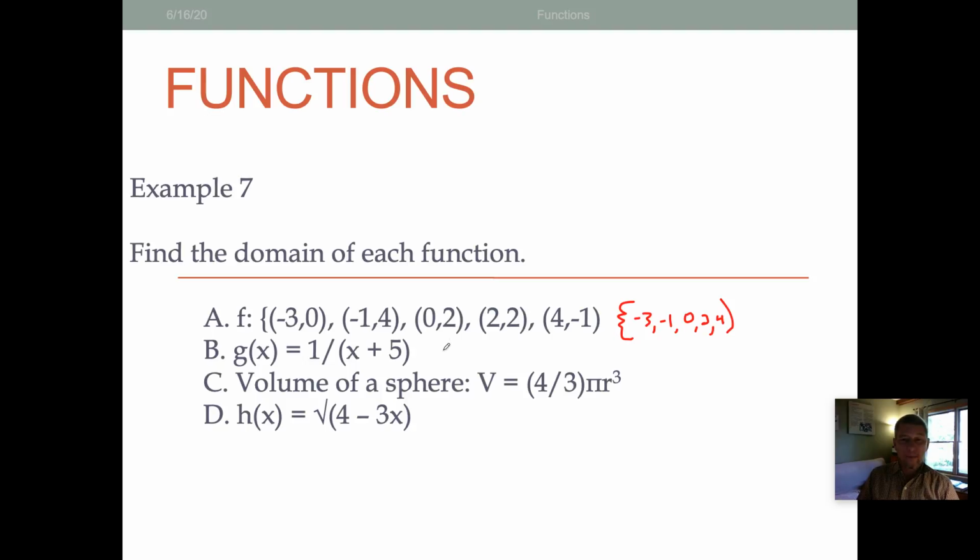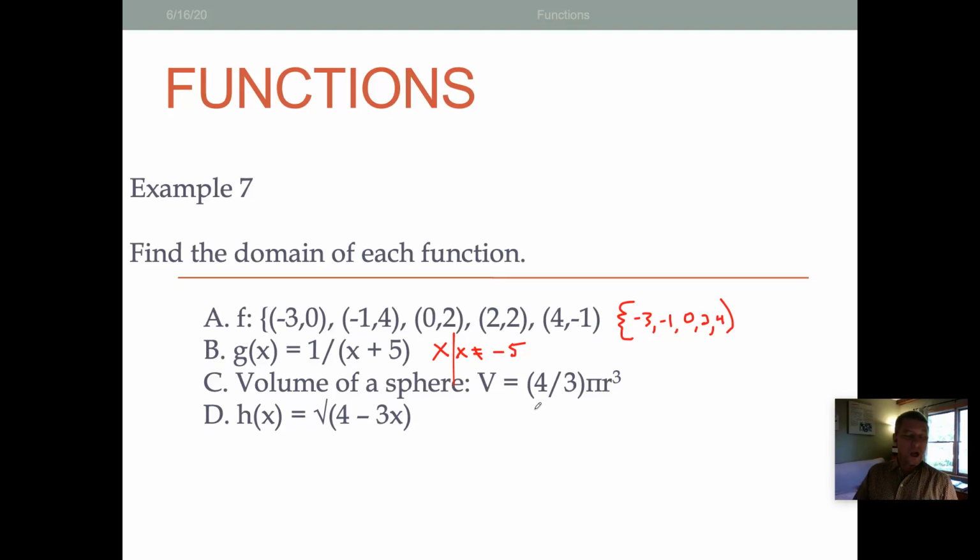And so my values for the domain are going to be all x such that x is not equal to negative 5. And that's how I would write it.